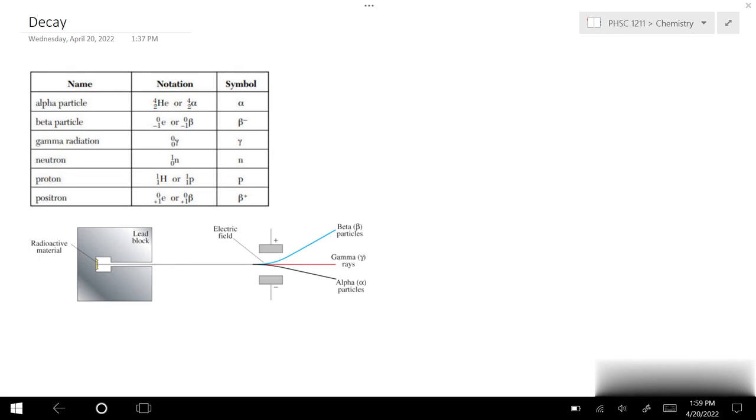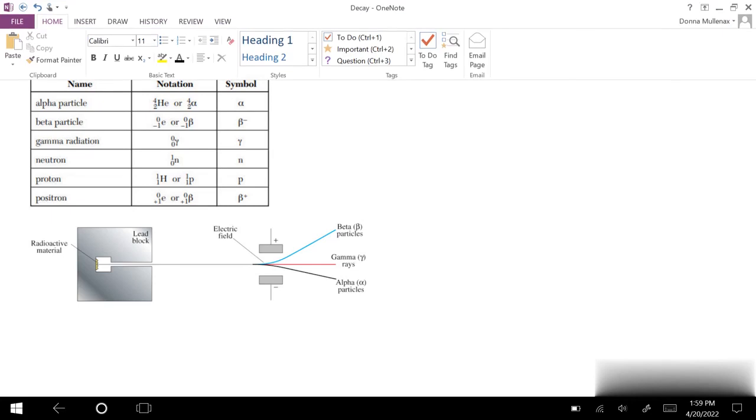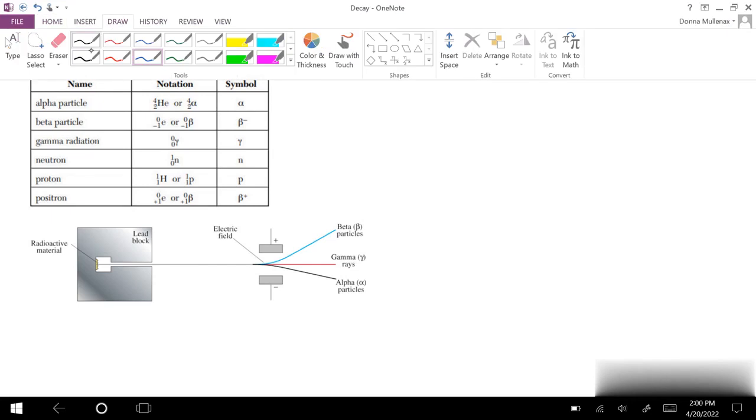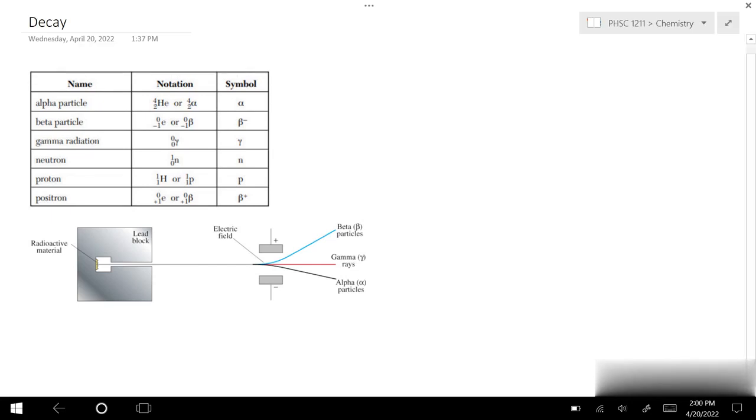So we talked about the alpha particle. Again, the alpha particle is the helium nucleus. Just a reminder, sometimes you'll see it written as He and sometimes as alpha when you're looking at the equations. Beta particle, I group these together usually. This would be a beta positive and a beta negative.